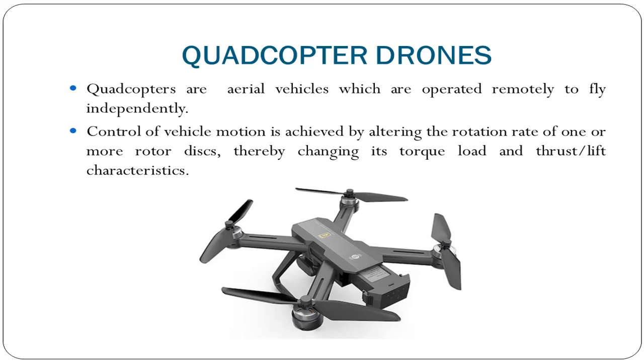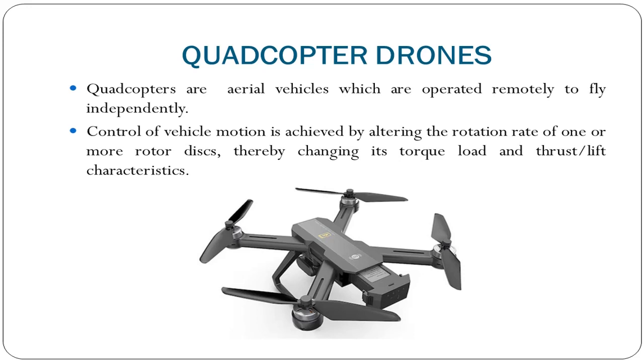So let us have a brief introduction about a quadcopter. Quadcopters are aerial vehicles which are operated remotely to fly independently. The control of vehicle motion is achieved by altering the rotation rate of one or more rotor discs, thereby changing its torque load and thrust to lift characteristics.